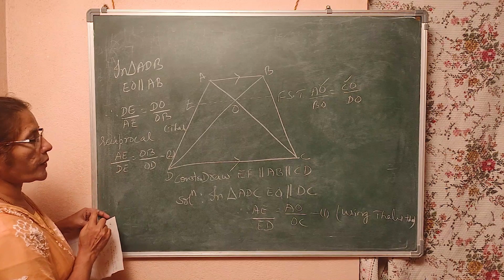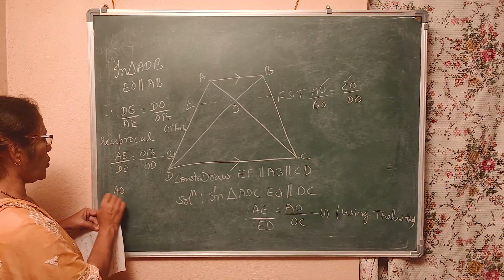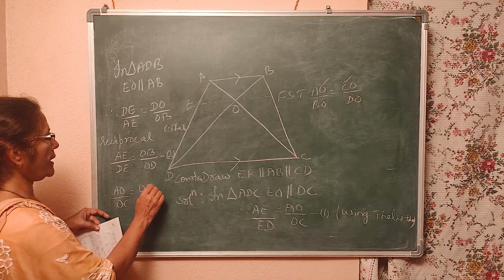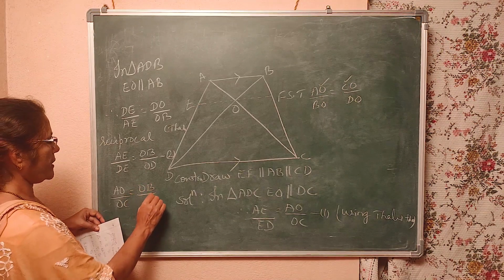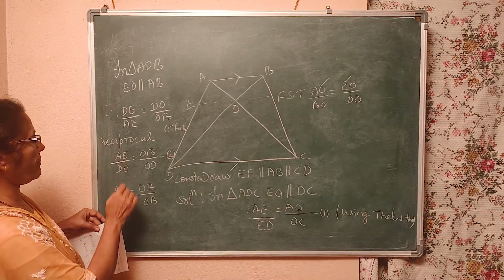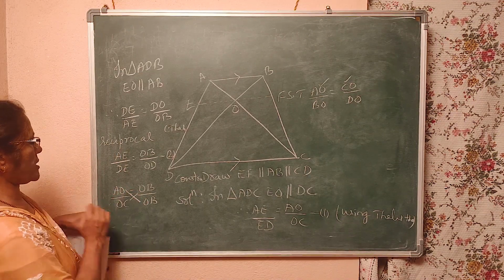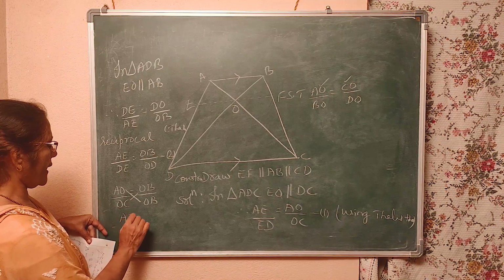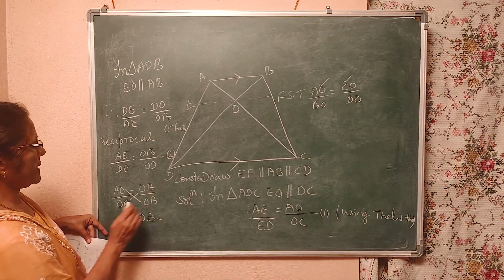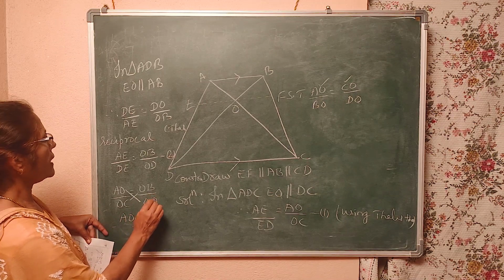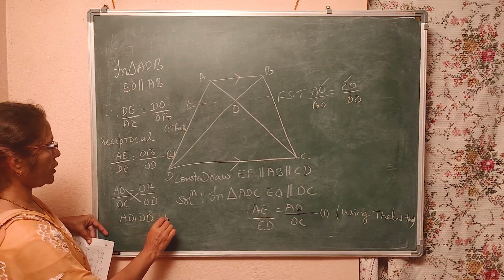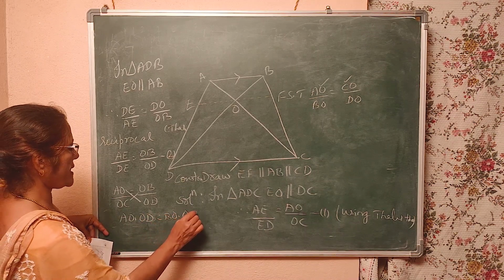So what can you write down? AO by OC is equal to OD by OB. Is our work over? No. They want AO by BO. So I do the cross multiplication. AO into OB is equal to, this is OD, AO into OD is equal to BO into OC.